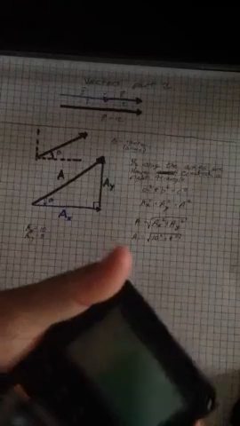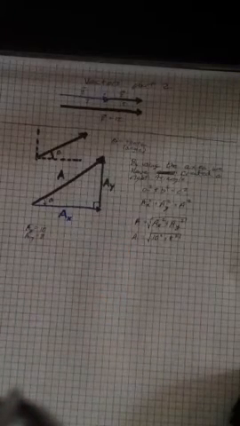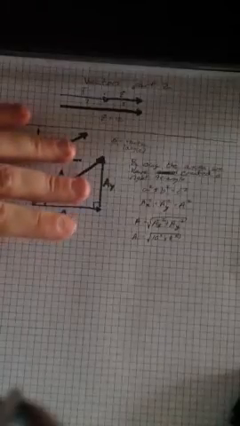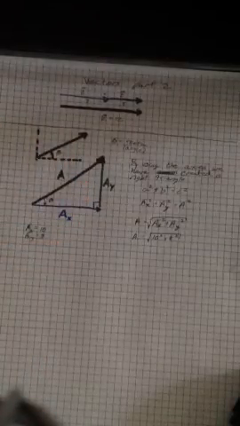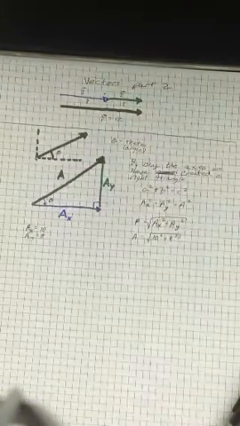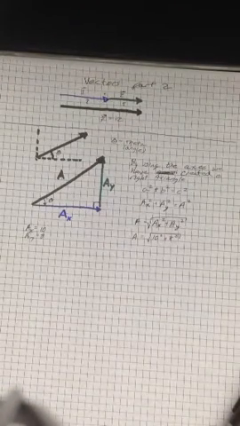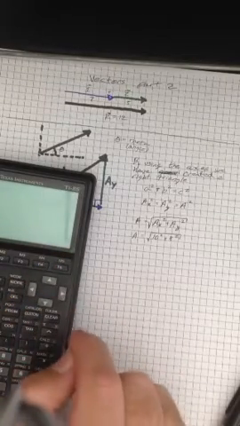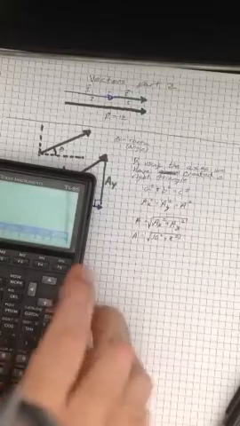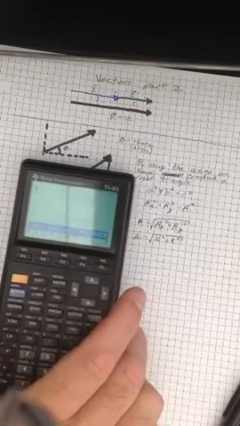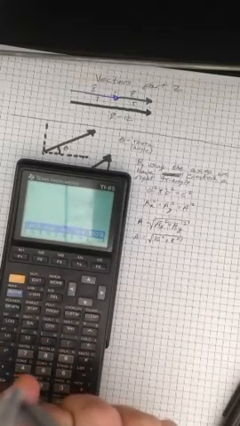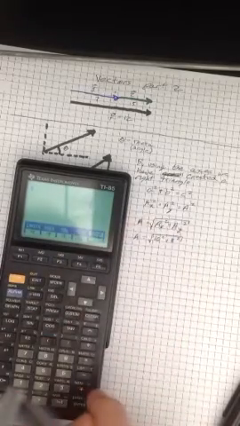And with this class, we are going to end up using our calculators. So with our calculator in hand, we're going to go ahead and do this. Now, it depends on the type of calculator you have and how many lines you have on your calculator. This one that I'm showing you right here is a graphing calculator, so I can do everything all at once.